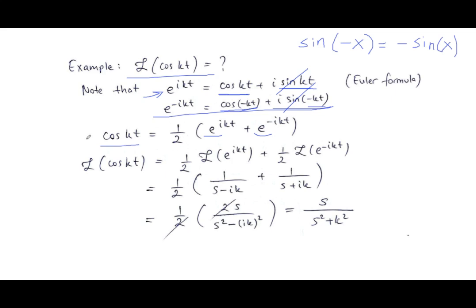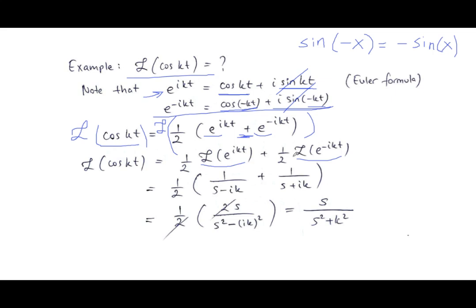Now we can take the Laplace transform of both sides of this equation. The Laplace transform is a linear operator, so we can separate this summation and take the Laplace transform of each expression.